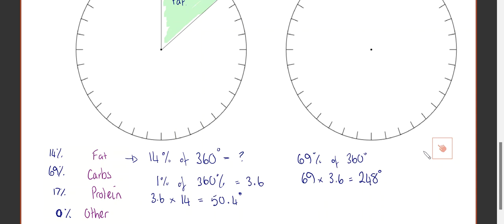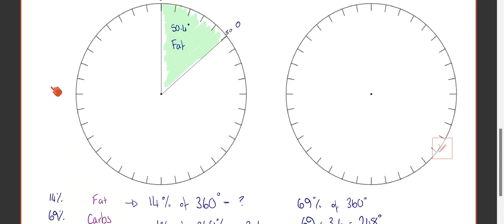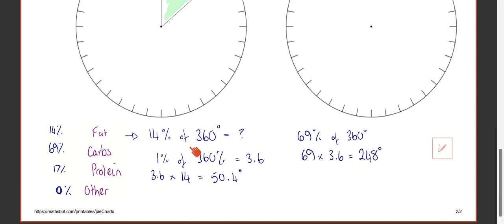What are you confused about? So that is 14% of the total. What's a total circle in degrees? We worked out that 14% of 360 degrees is 50.4 degrees. What Margot said, if you look here, we wanted to know what 14% of 360 was.